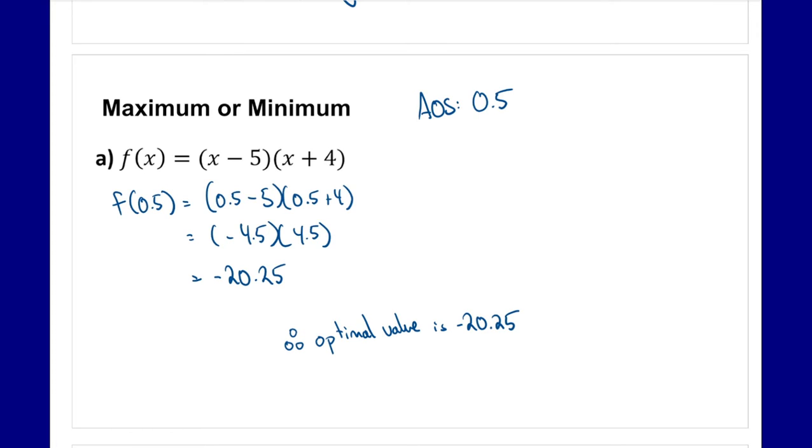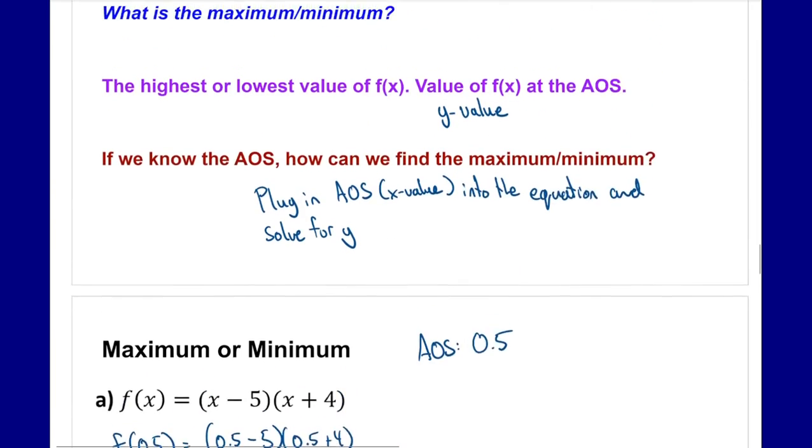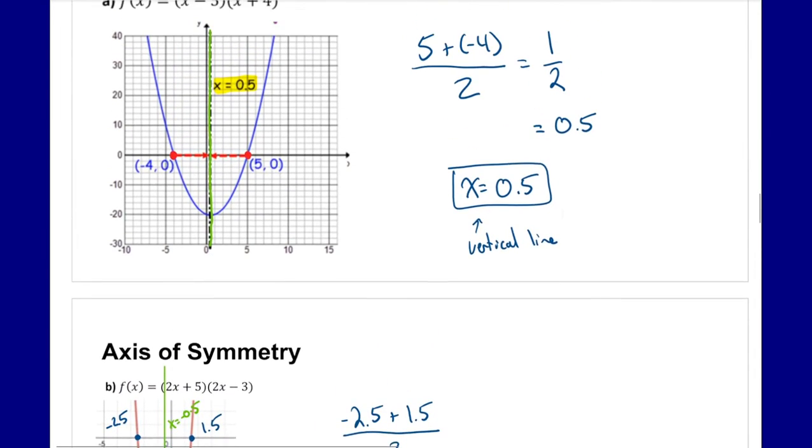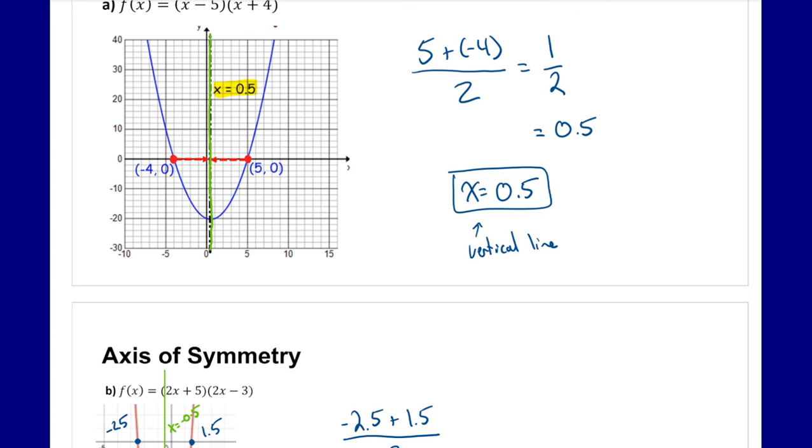I'm using optimal because how do I know if it's the maximum or minimum? Well, if we take a look at our graph, we essentially found the y value down here at this point. How do I know if that's the maximum or minimum? Looking at this graph, I can clearly see it's the minimum. Why? Well, the graph opens up, so that means it's going to continue forever upwards, and I will have a minimum value at the bottom.